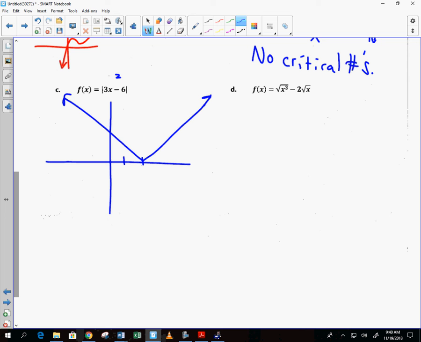Absolute value graph. It does have a critical number. At where? At 2. Does the graph confirm that? It sure does.